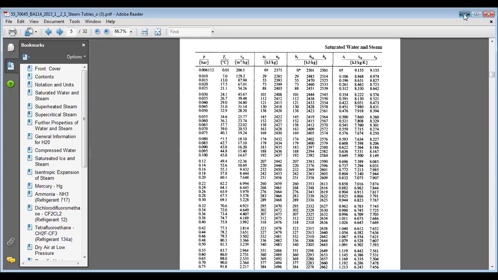Okay, so you can see the higher the pressure, the lower the entropies for this case. That's how it is.